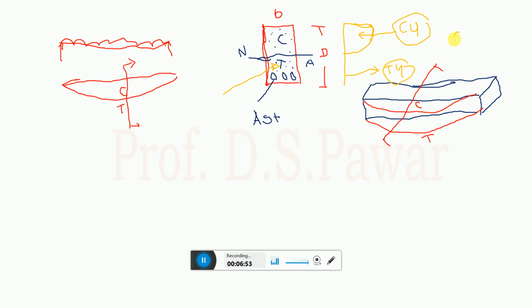We have equated, for balanced sections, Cu equal to Tu, and derived the various formulas.